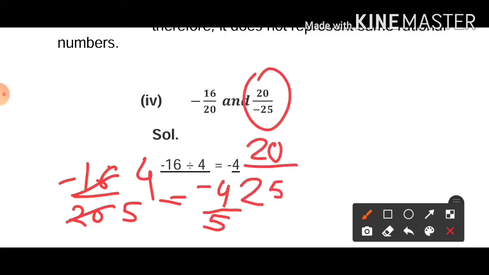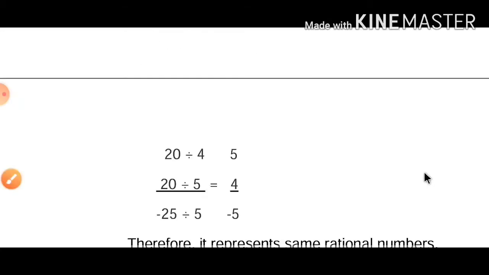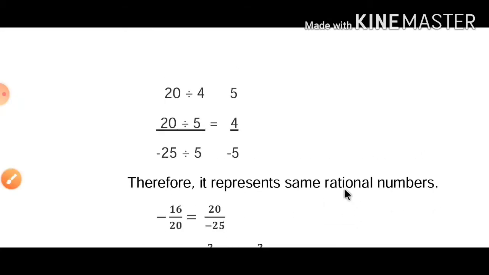If you check, both numbers are divisible by which number? 5. 5 4s are 20, 5 5s are 25. So you can see that 16 by minus 20 is minus 4 by 5, and 20 by minus 25 is also minus 4 by 5. So 16 by minus 20 and 20 by minus 25 are both equal and they represent the same rational number.